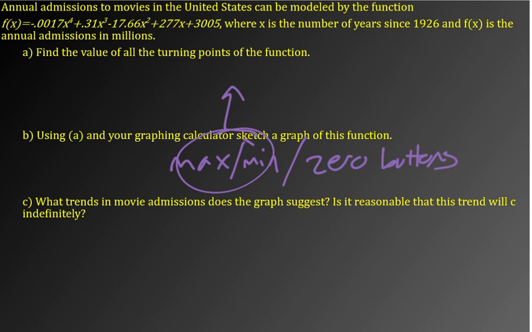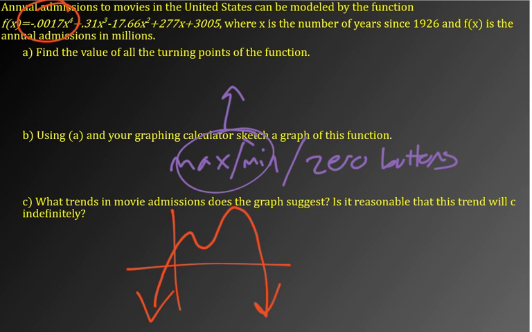Actually, I'm going to talk about that one really quick right now. If you look at it, we have a negative x to the fourth. Without even graphing it formally, which I will do in another video, we could imagine x to the fourth could look something like that. And this asks, what does this trend in movie admissions suggest, and is it reasonable that the trend will continue indefinitely?